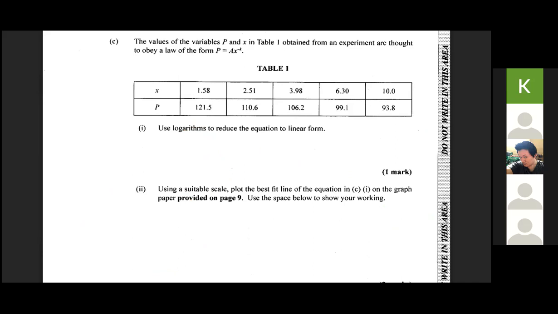Let me rewrite it. Anybody agrees with that? Yes, yes. Okay, we have two. Anybody else?